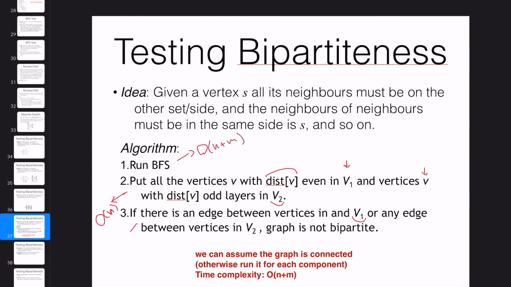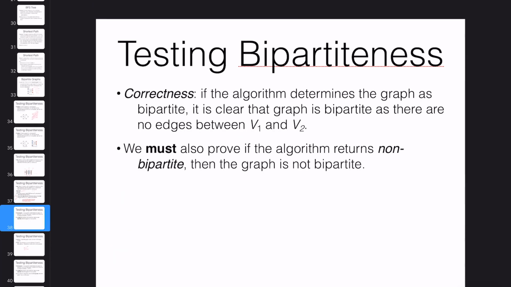And at the last step, I have to check if there is an edge between the nodes in each set. So basically, I'm checking all the edges, right? So the time complexity of this part is going to be O of m as well. So in total, the time complexity of the full algorithm is going to be O of n plus m.